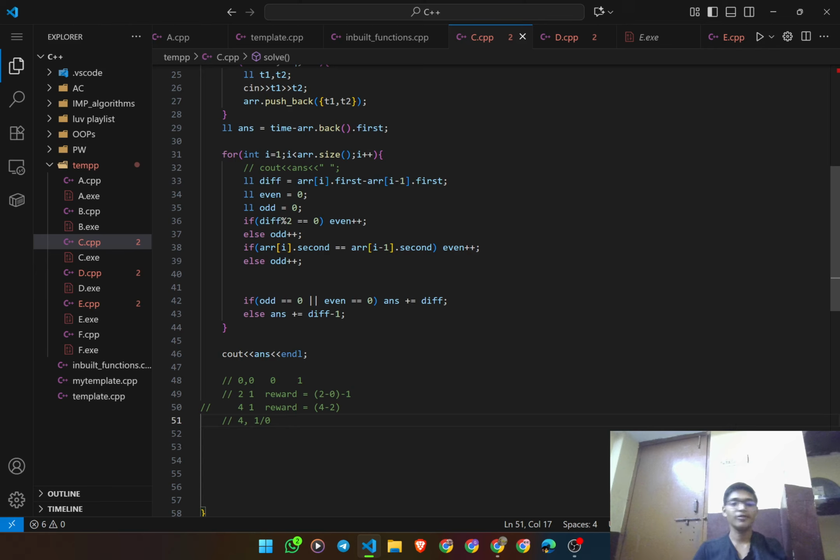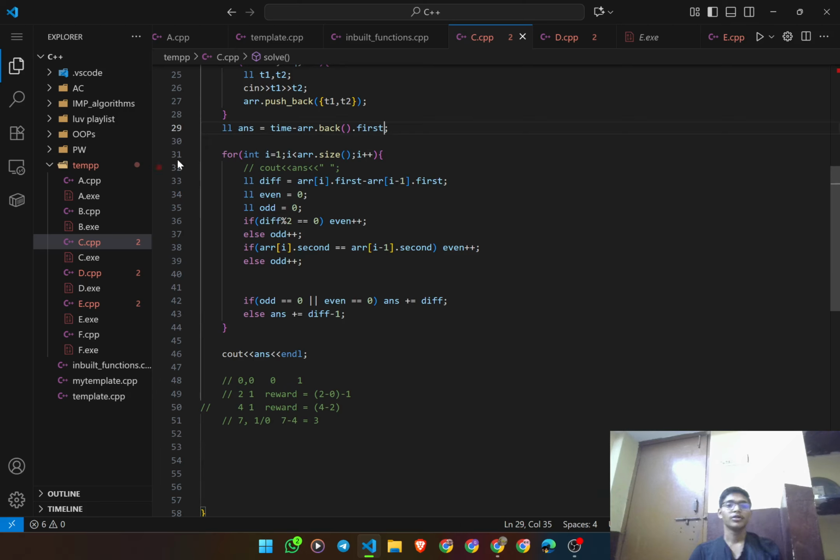So that's why we will count every one of them. Let's say it's 3, it's 6, so we will count 6 minus 4, that is 2 will be added. If it was 7, it will be 7 minus 4, that is 3, so 3 will be added to our answer.